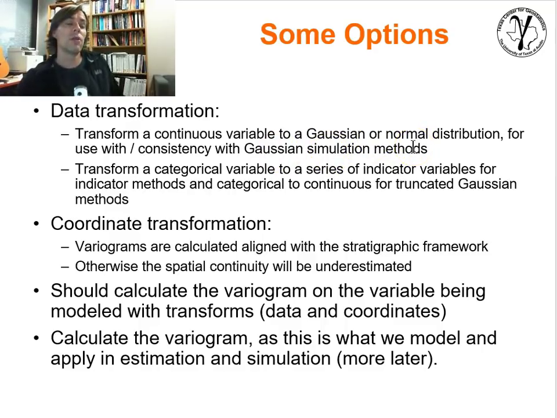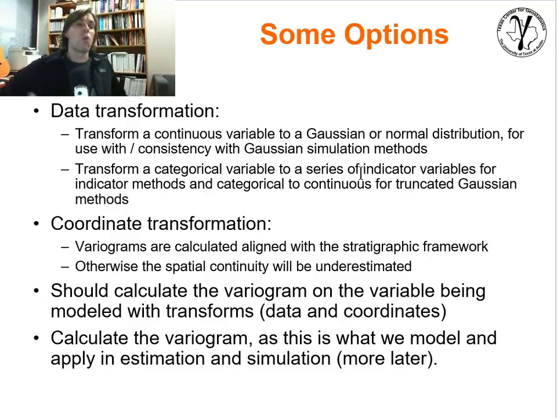And so you'd want to do that before you calculate the variogram so that you're consistent with the way that you'll be simulating the variable. You may also transform the categorical variable to a series of indicators if you're using indicator simulation. Or maybe the categorical variable to a continuous centroid for the truncated Gaussian type method. You have to transform the data so that you're consistent with the way that you'll be modeling with the data.